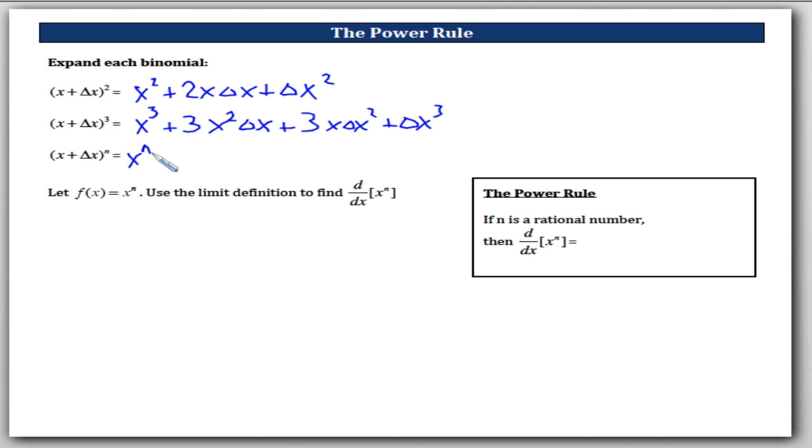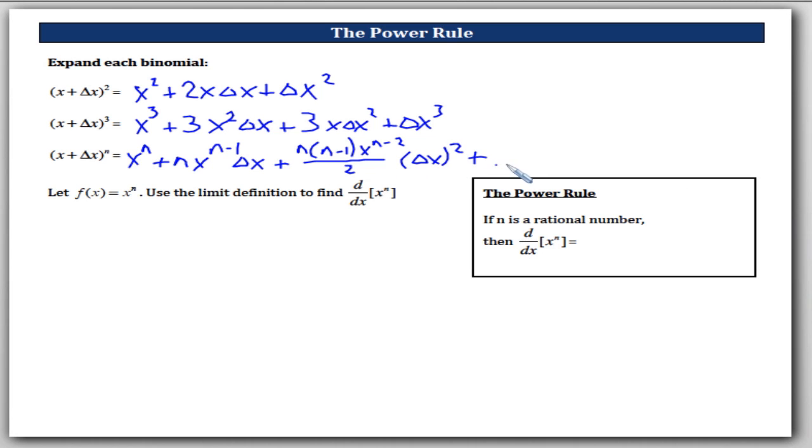So we'd get x to the nth plus n x to the n minus 1 delta x plus, now here's the tricky one, n times n minus 1 times x to the n minus 2 over 2. So this here is that formula which will give us Pascal's triangle. And this is going to be multiplied by delta x squared plus.